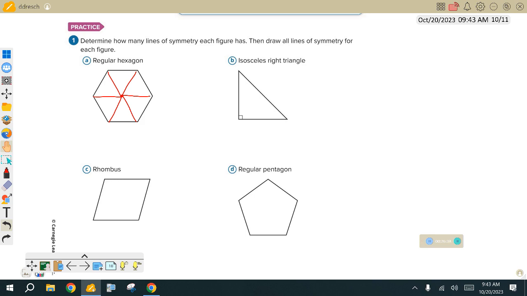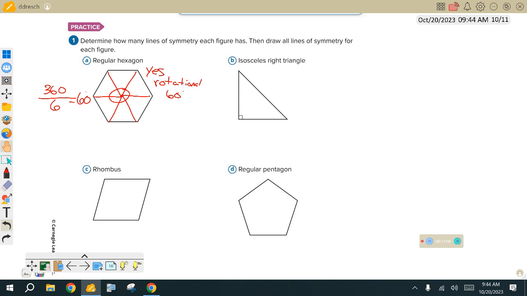So as I draw those radii around that center, 360 equally divided, because it's a hexagon, divided by 6. 360 divided by 6 is? 60. So the rotational in this one is a quick yes. And after that quick yes, what's the minimum degree rotation? Turns out to be 60 degrees. Okay.